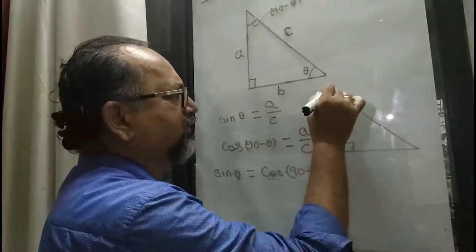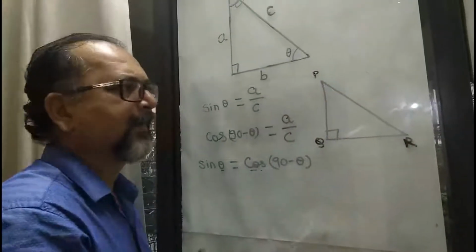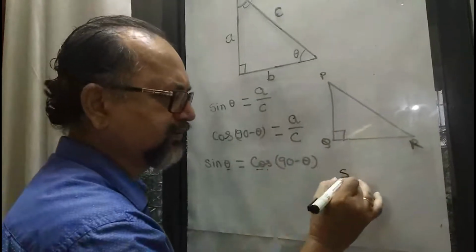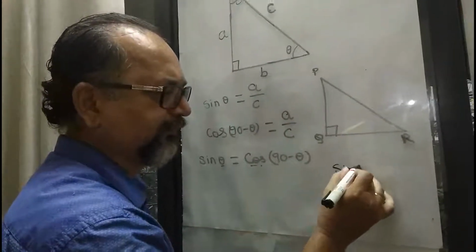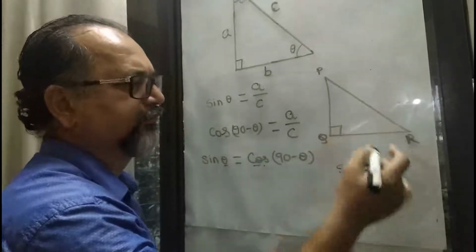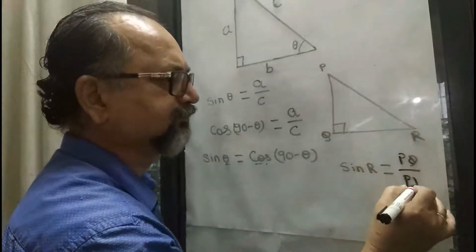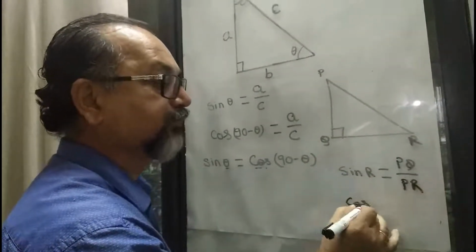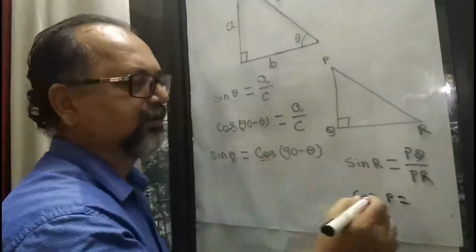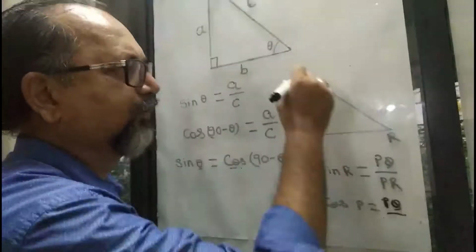For example, in this case, say this triangle is PQR. Angle P and angle R are complementary. So sine of R, which is PQ upon PR, and cos of P will be adjacent PQ upon hypotenuse PR.